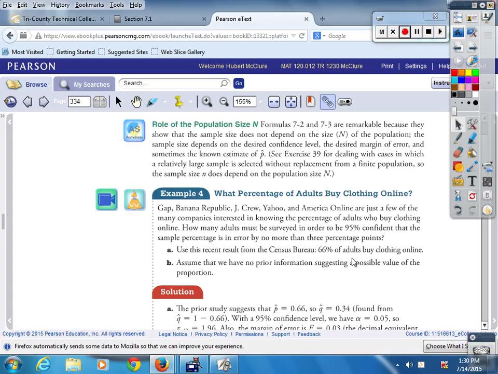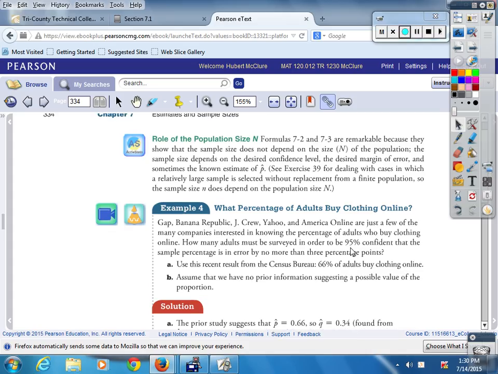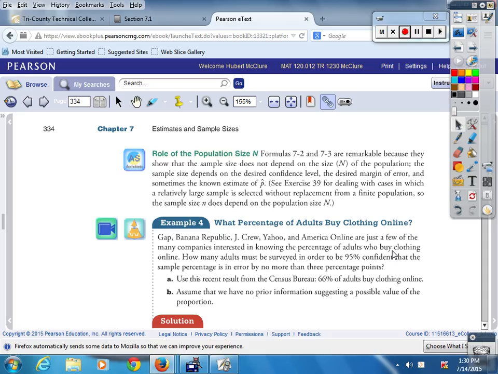MOE is 3%. Everybody got that? Use this recent result from the Census Bureau, 66% of adults buying clothing online. Then that means 66% is probably your p-hat. All right, I'm going to let y'all work it. You got the formula. You just wrote down the formula. You've got a P, so that means you have to find Q.